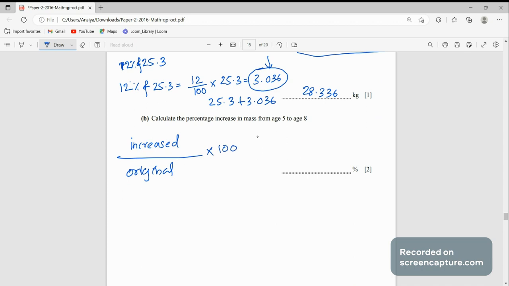Okay. I don't know whether you learned this equation, but you learned the percentage profit equation. What was that? The profit means how much increased, divided by the cost price, the original price, times 100. If you compare both equations, they both give the same inner meaning.